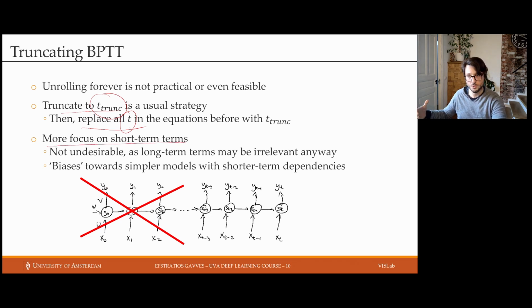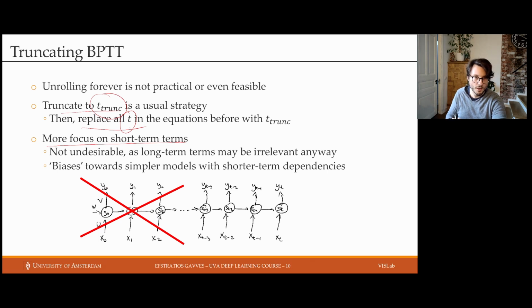This puts more focus on the short term, which is not necessarily a bad thing, as we explained, in the sense that quite often the long term should be ignored. For instance, if I'm translating a sentence on the 200th page of a book, I don't really need the first page to perform a good translation.